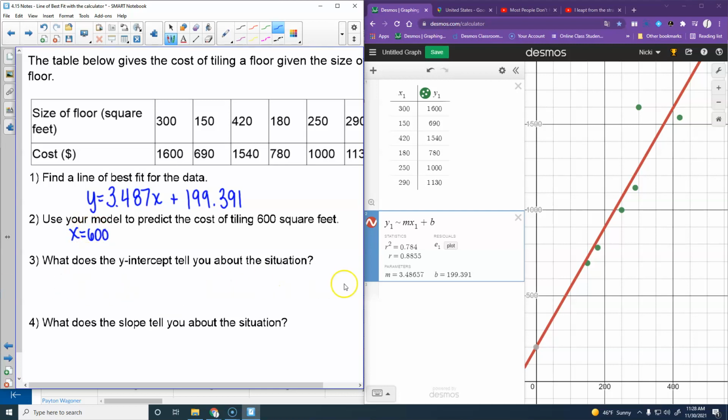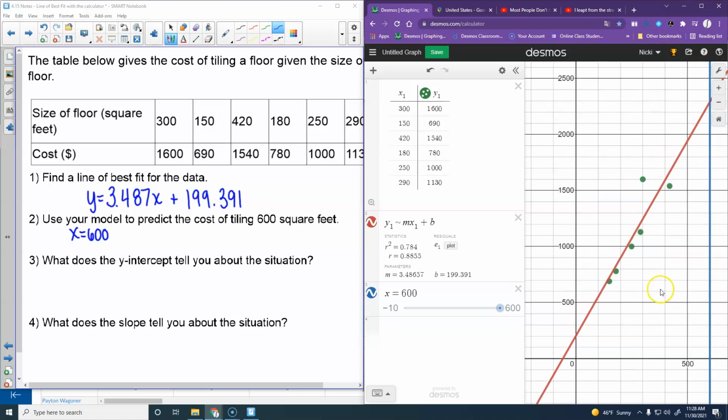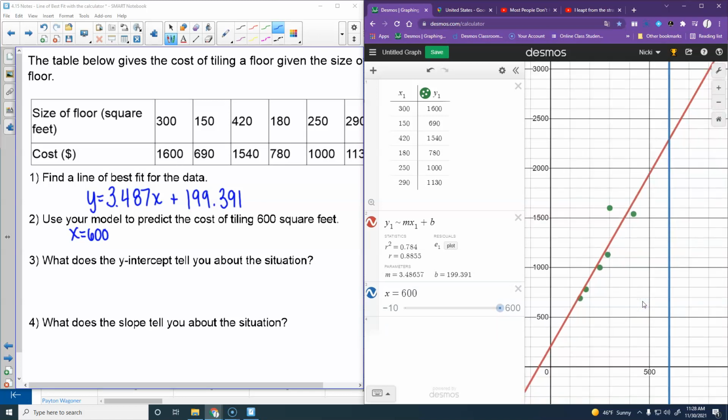So, let's do it the way that we could plug it in just to the equation. We also could just say x equals 600. It's not showing up because, look, we don't even go out to 600 right here. So zoom out a little bit more. And if you click on one of these two lines and go to that gray dot, it's going to tell you where they cross. And so what do you get, Vince? 2291.